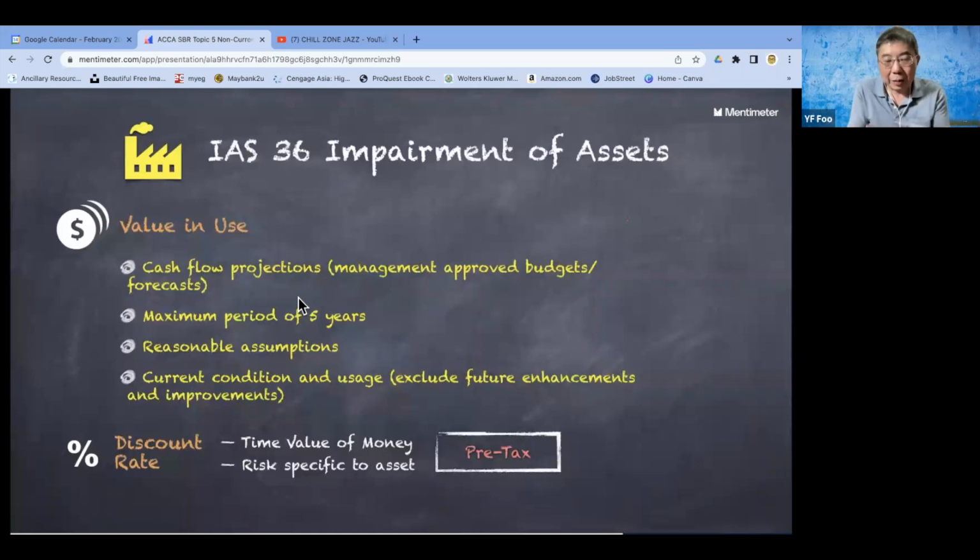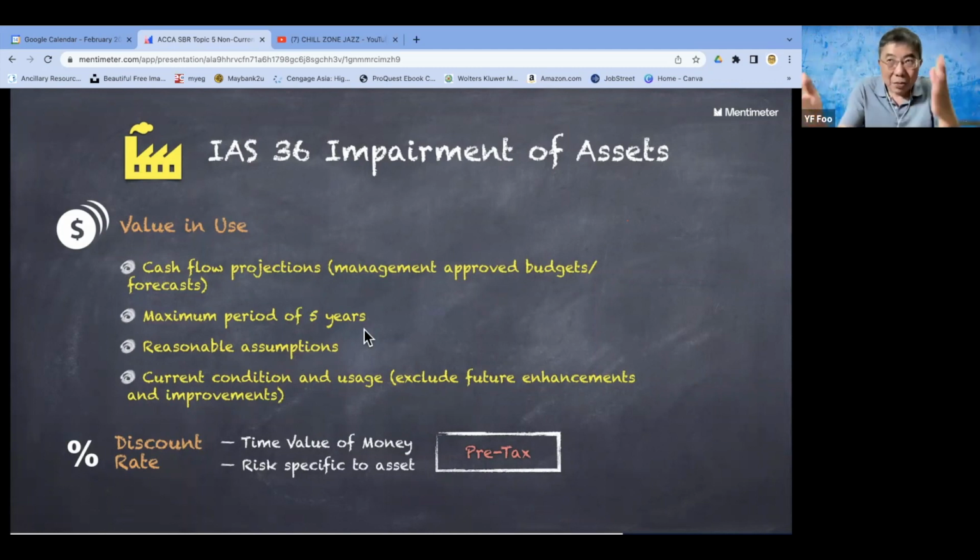And how do you ensure that the projections are reasonable and you are able to rely on them? Now, you are actually looking into the future, so you can't look too far, because if you look too far, it becomes even more uncertain and not reliable. Looking too near, too short a time, may not show the potential of using the asset itself.